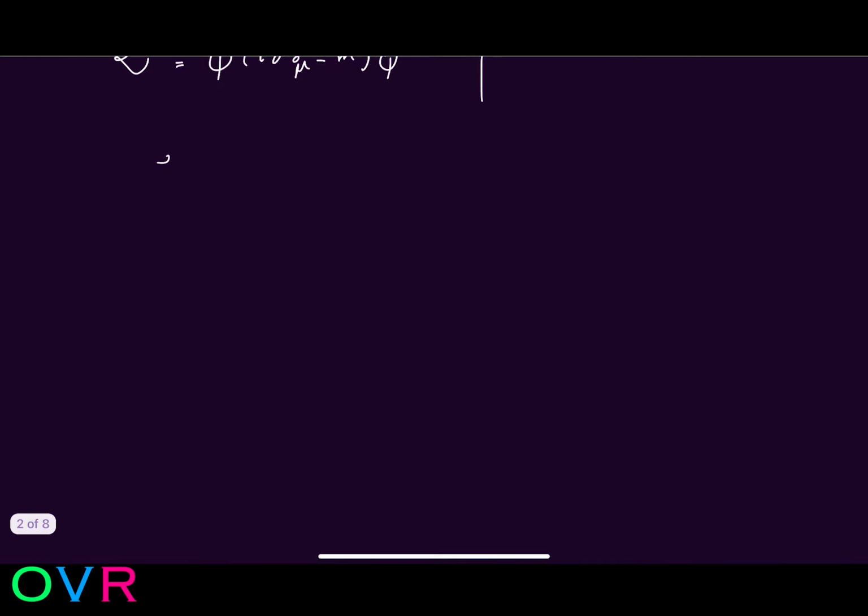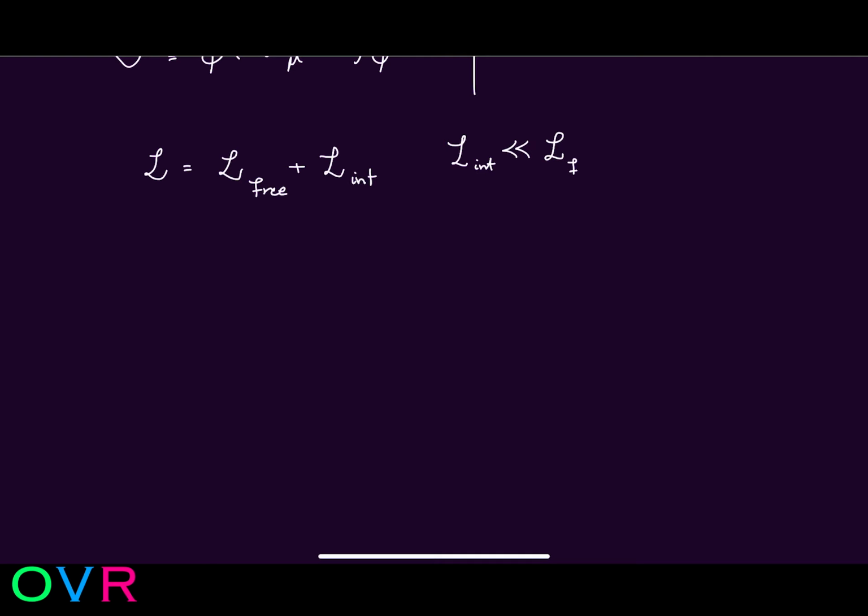And now we are ready to add interaction, but we want to add a small interaction into the free fields in order to be able to approximate the solution, because we know if we are adding nonlinear terms, it's not easy to find a solution like the free field. So let's say our Lagrangian is equal to the Lagrangian of the free fields. It could be one field, can be several fields, and also you have this interaction Lagrangian, and this interaction Lagrangian is somehow smaller than the free Lagrangian.